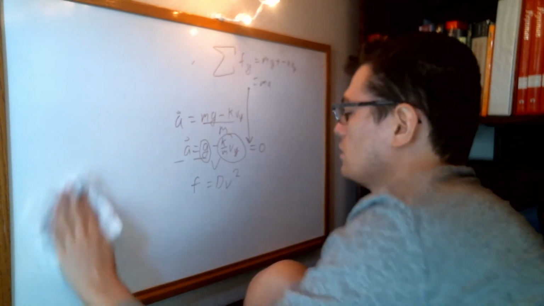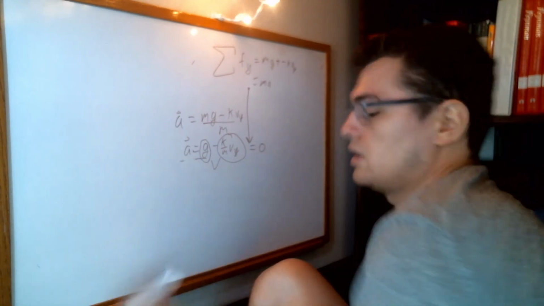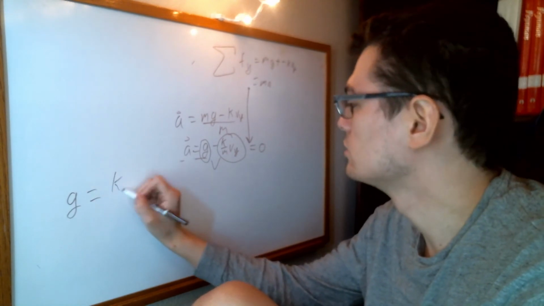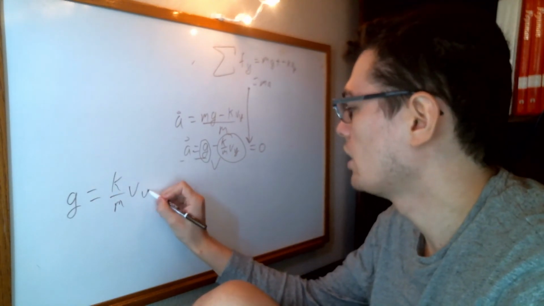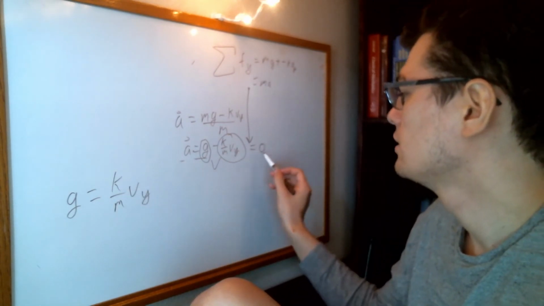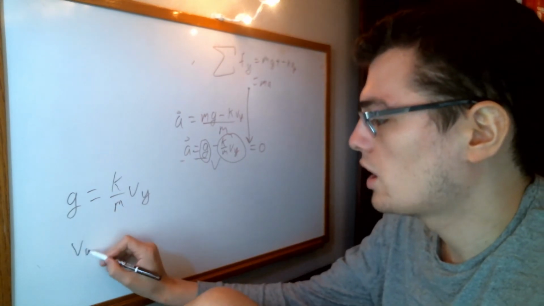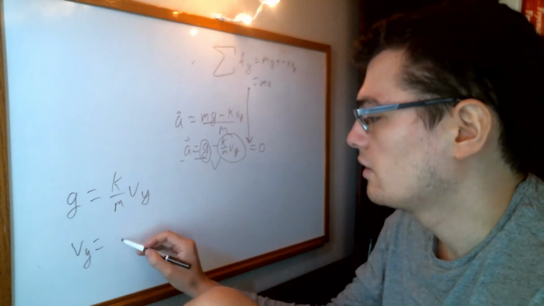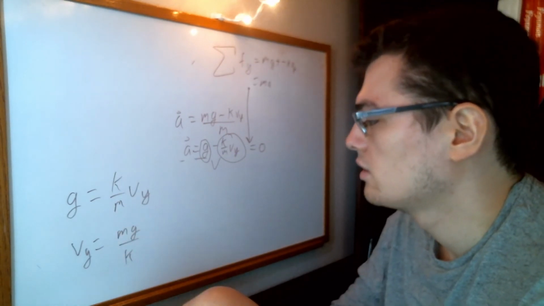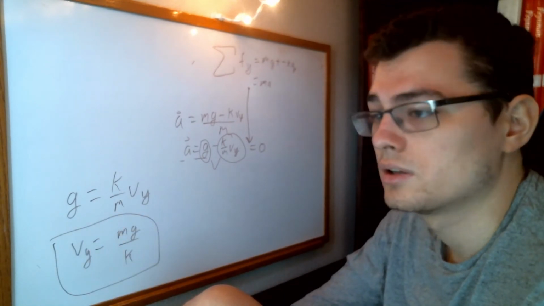So we have a point where these two are equal, and so we can say that g is equal to (k/m) vy, just by adding (k/m) vy to each side. Then we solve for vy, and we finally get mg over k, and this is going to be our terminal velocity.